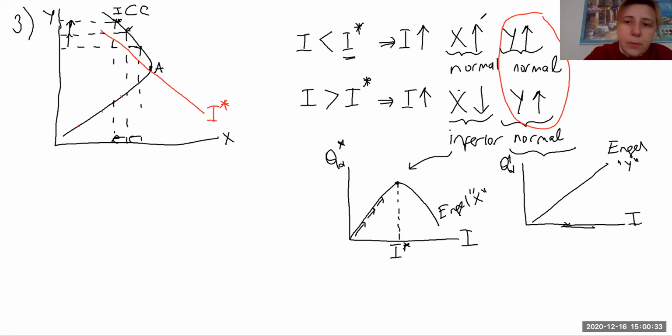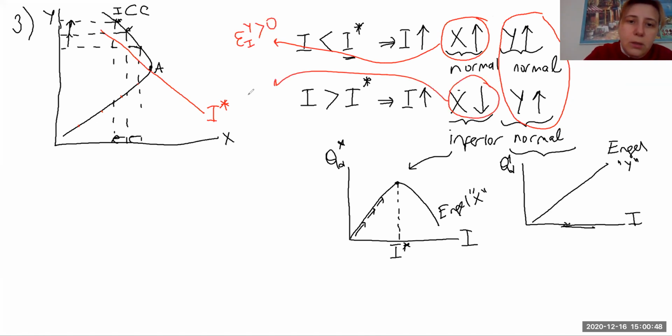And for good X, until the income level I star, income elasticity for good X is positive. However, after that level, income elasticity for good X is negative.